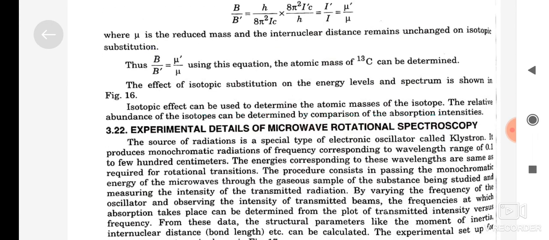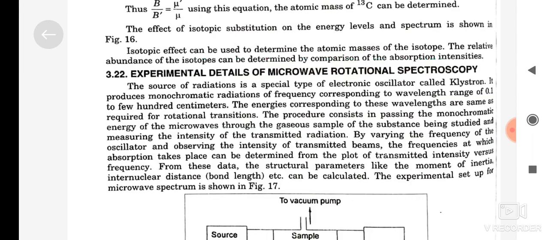The effect of isotopic substitution on the energy levels and the spectrum is shown in figure 16. Isotopic effect can be used to determine the atomic mass of the isotope. The relative abundance of the isotopes can be determined by comparison of the absorption intensities.